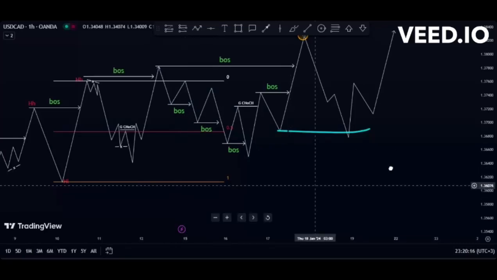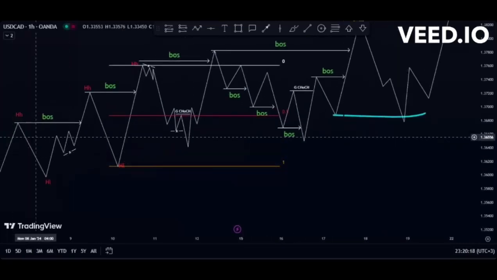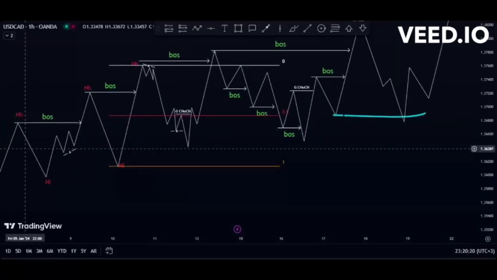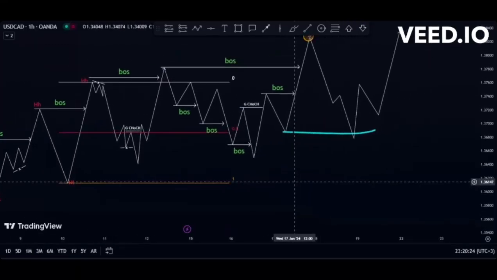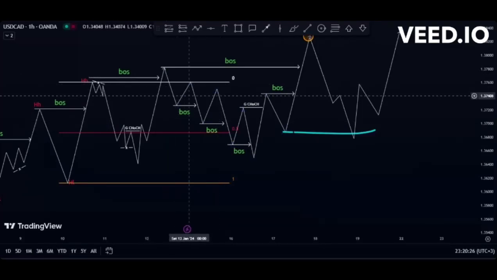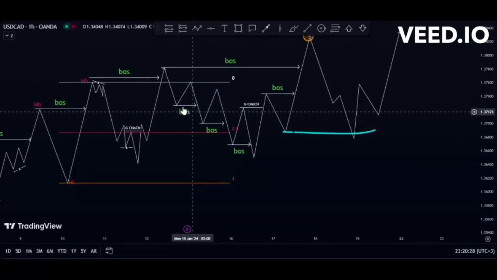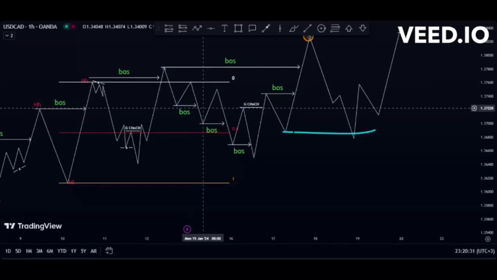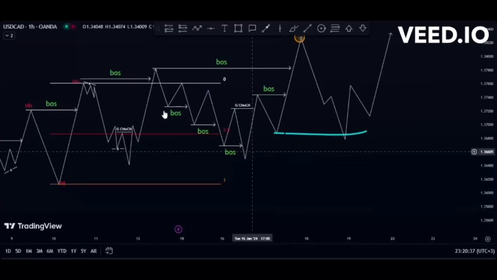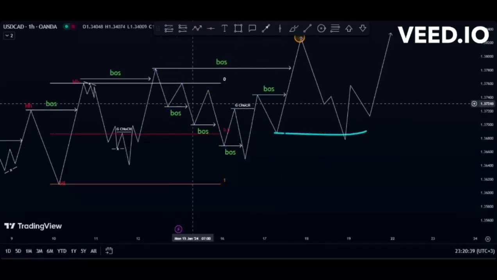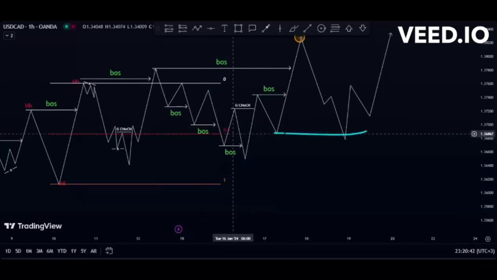So overall, we have market structure trending to the upside, but in this retracement, we have the internal structure trending to the downside.